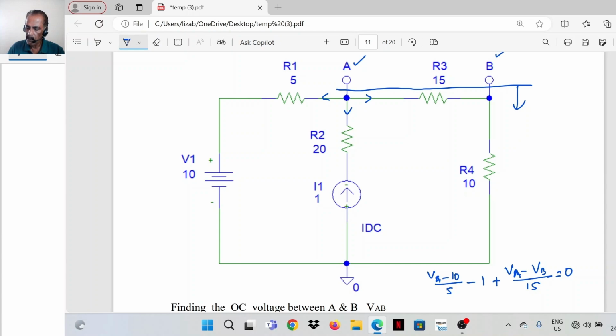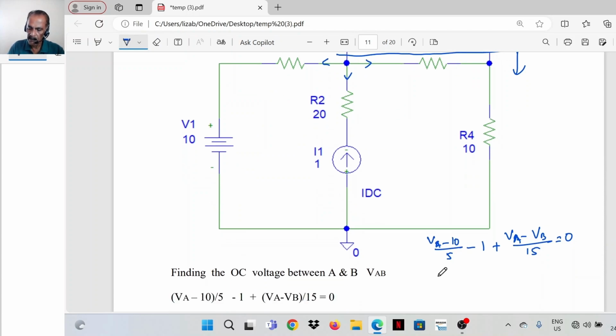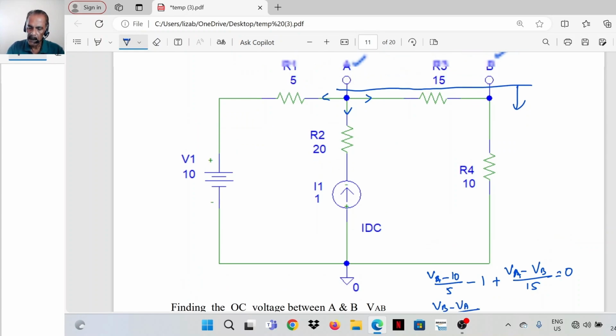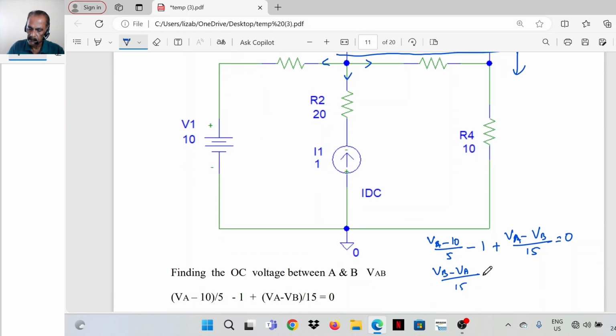Then for node B: (VB minus VA) divided by this resistance 15, plus VB divided by 10, is equal to 0.